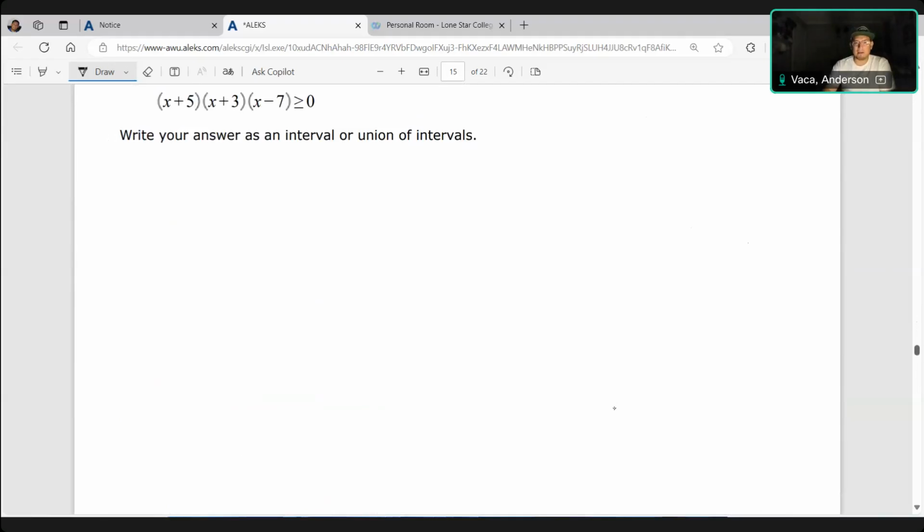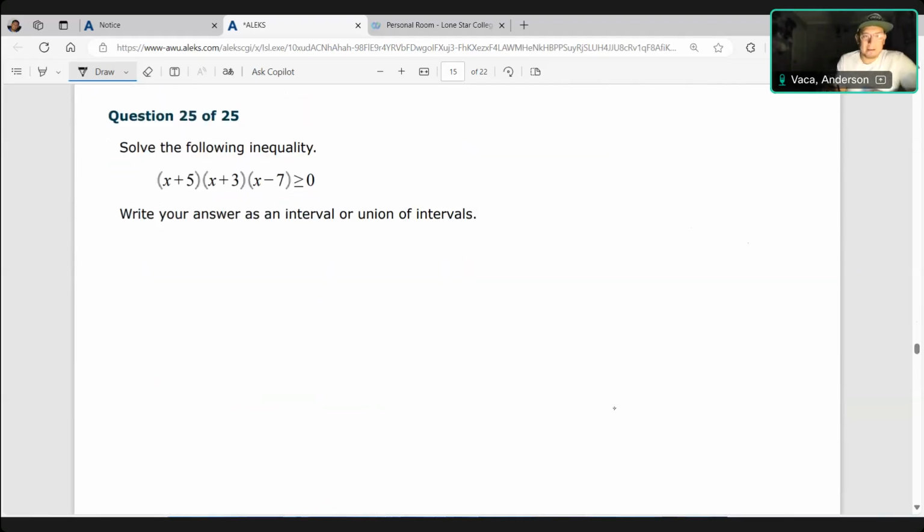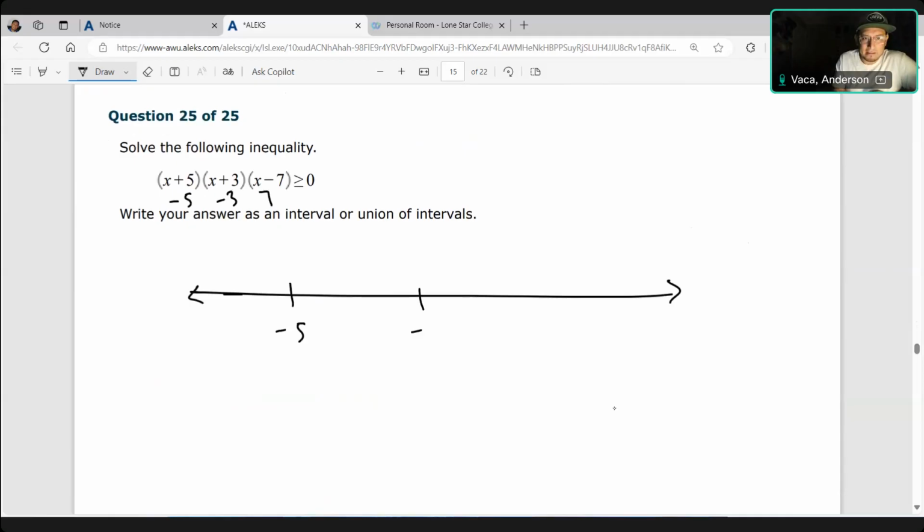Solve the inequality. Okay. All right, let's go ahead and take care of this quickly. I'm going to write here -5, -3, and 7. So it's just going to make us do a little bit of testing some intervals and see what happens.